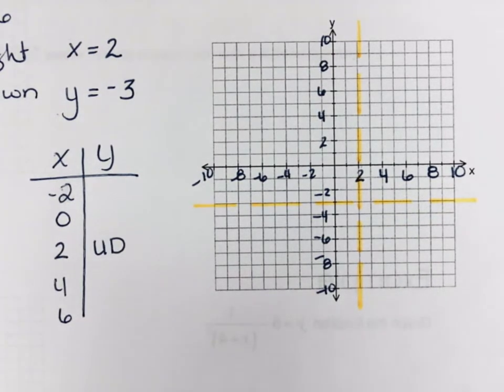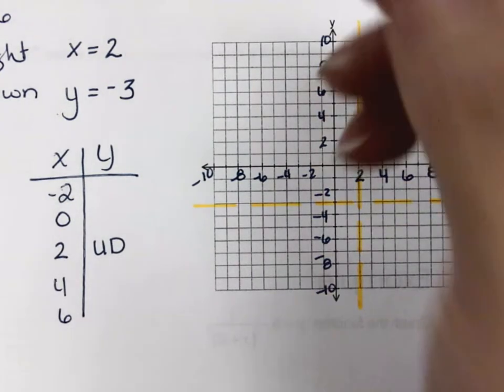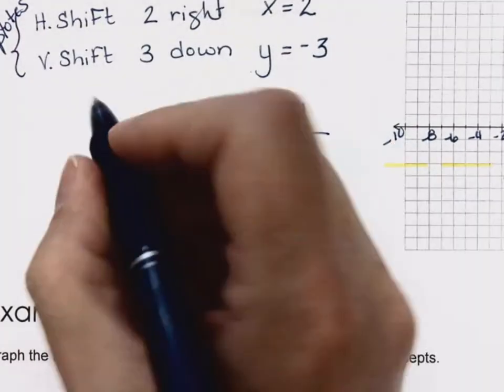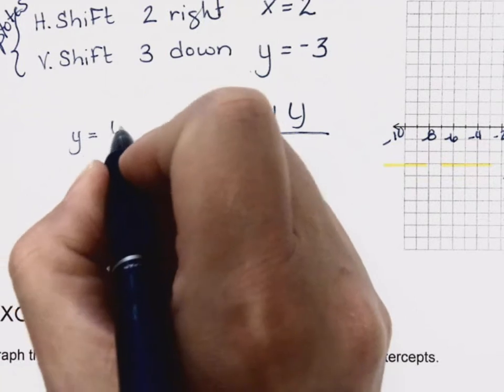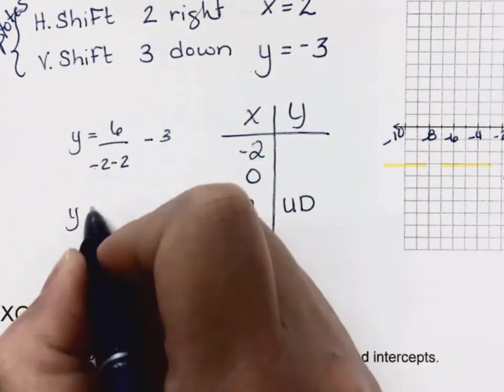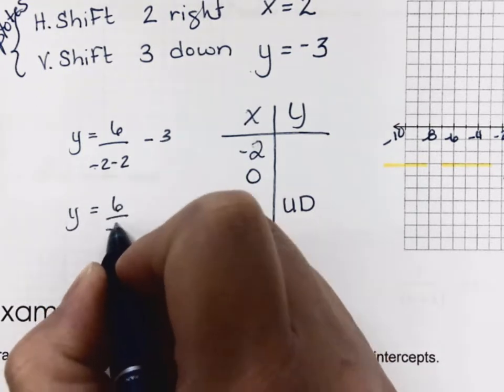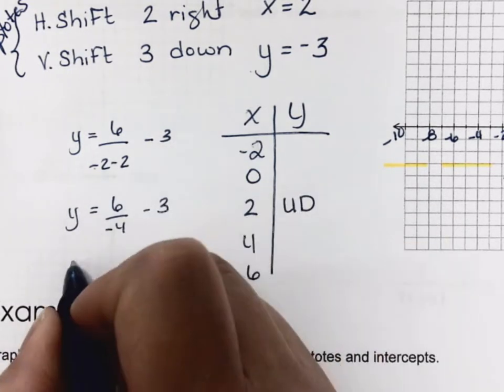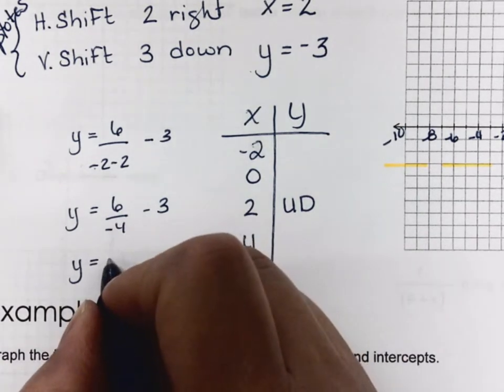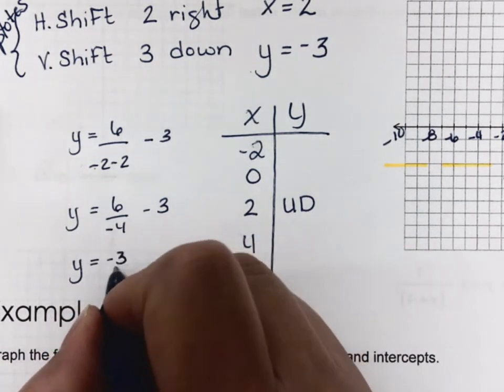Okay, so let's substitute it into the equation. Y equals 6 over negative 2 minus 2, minus 3. So y equals 6 divided by negative 4, minus 3. Do we get a calculator for this? No, you can do this without a calculator.